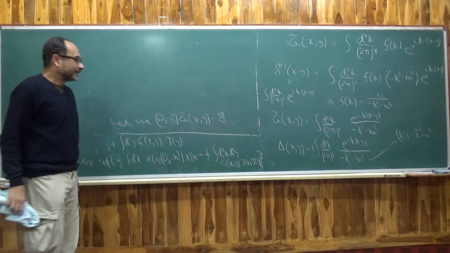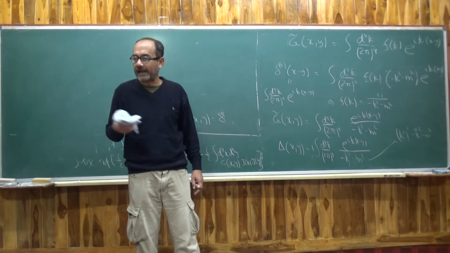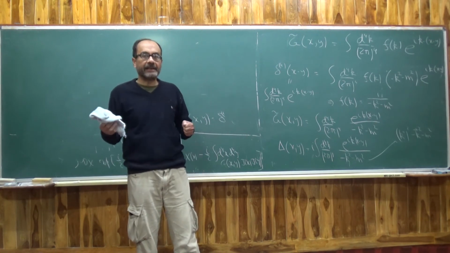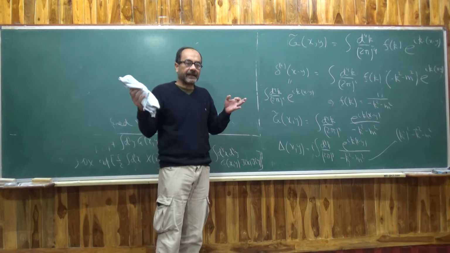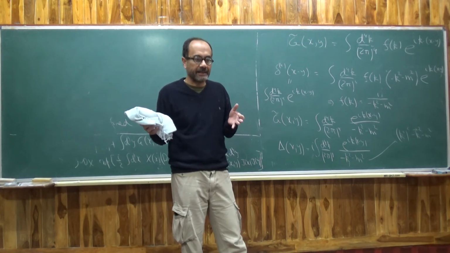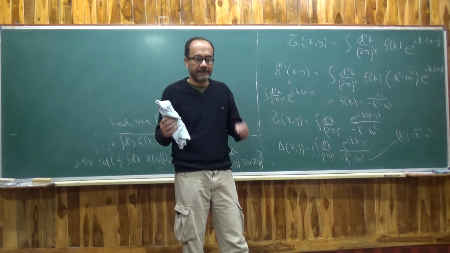The subtle point was the fact that the time axis cannot be taken to be along the real axis. It has to be tilted, because otherwise the path integral doesn't reproduce the vacuum expectation value of time ordered operators. In order to reproduce the vacuum expectation value, you have to tilt the time axis.